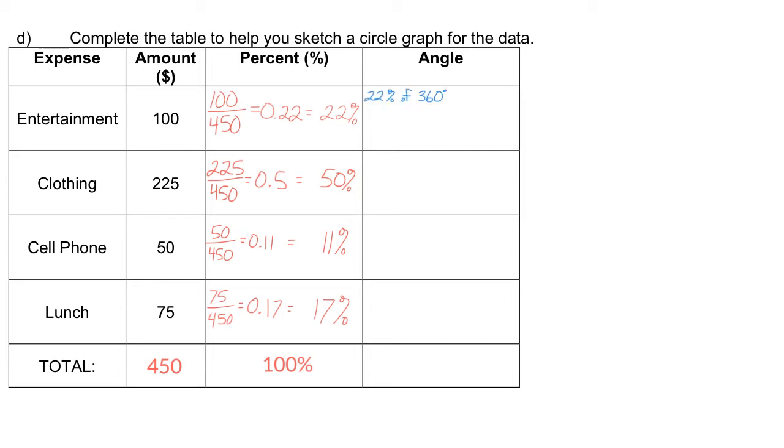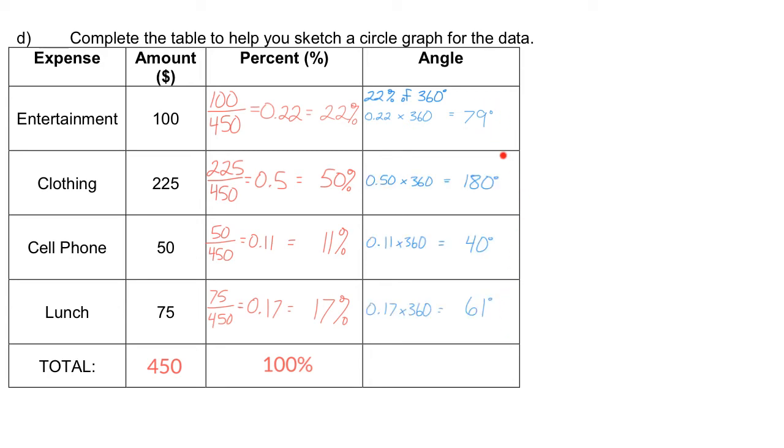So how do I calculate 22% of 360 degrees? It's 0.22 times 360. So when I do that calculation, I end up with 79 degrees. So when I build my circle graph, my piece for entertainment is going to be created using a 79-degree angle.